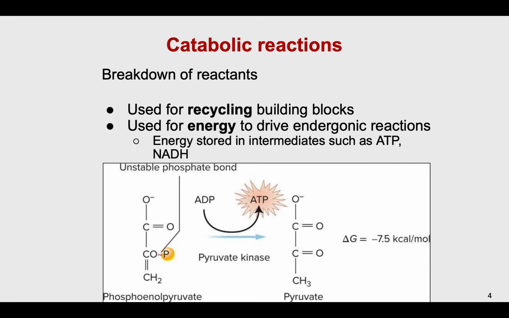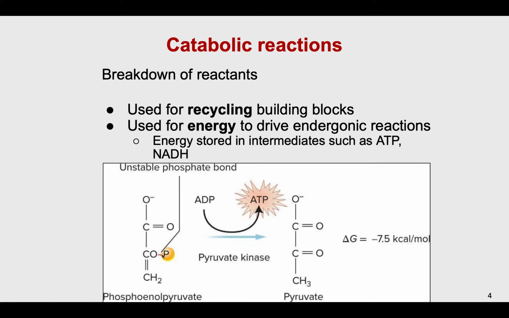We also use catabolic reactions to use energy to drive endergonic reactions. This is very common, and we're going to be talking about this quite a bit. When we break a covalent bond, for example right here, we have a pyruvate molecule with a phosphate group attached.